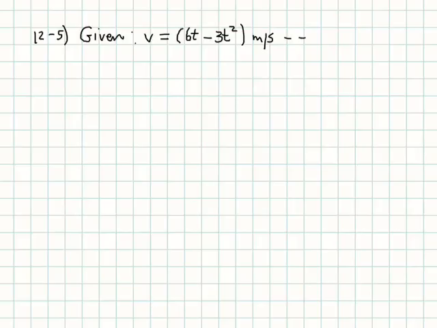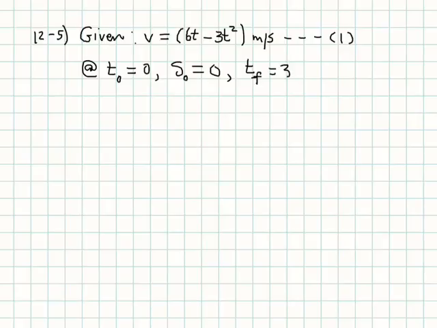I'll call this equation number 1. And we know that at some initial time, which I'll designate by t0 equals 0, the position of the particle is equal to 0. We're told that the final time, if I call it tf, is equal to 3 seconds.